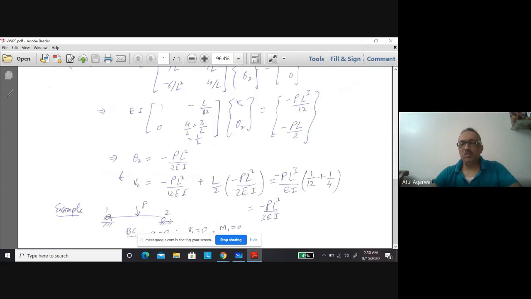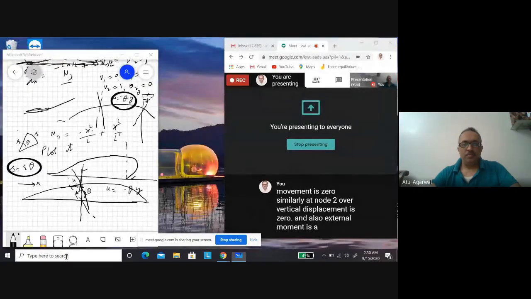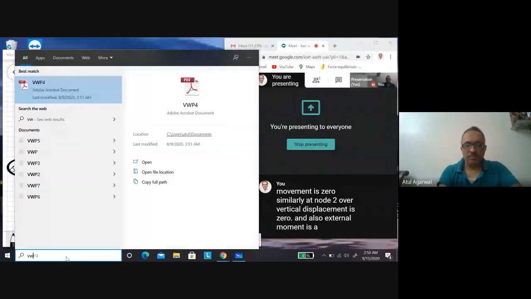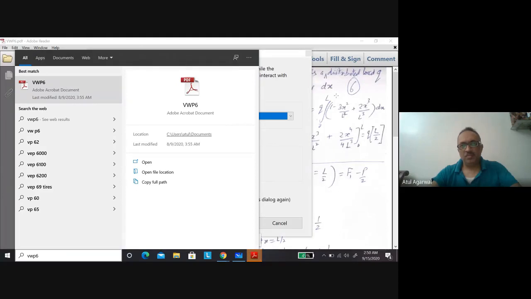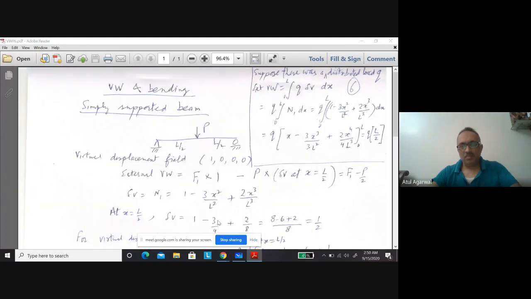Similarly, at node 2, our vertical displacement is 0, and also the external moment is the same.